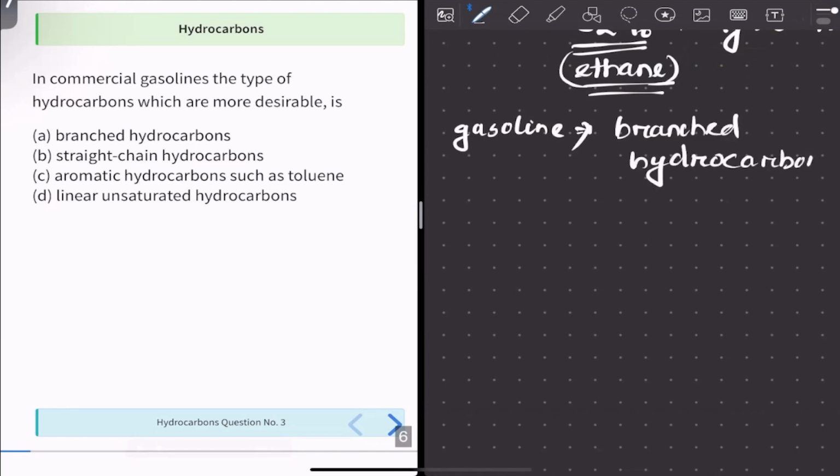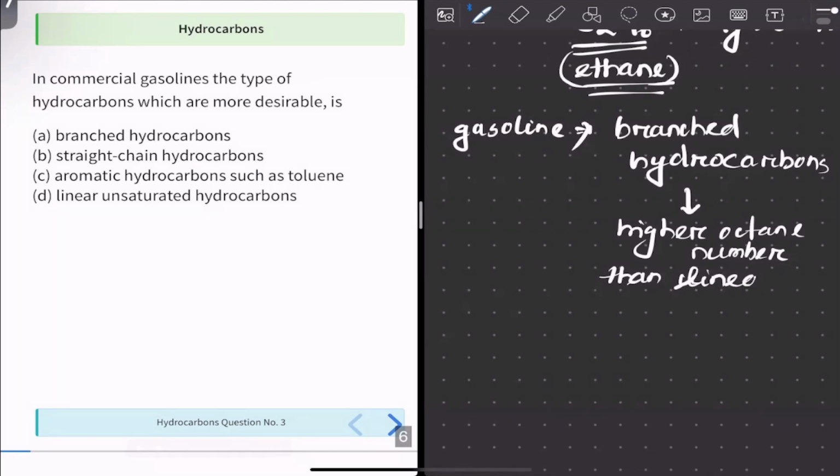Because they have a higher octane number than the unbranched or linear. Okay. So branched hydrocarbons have a higher octane number compared to linear hydrocarbons.